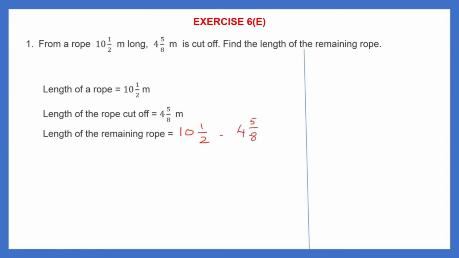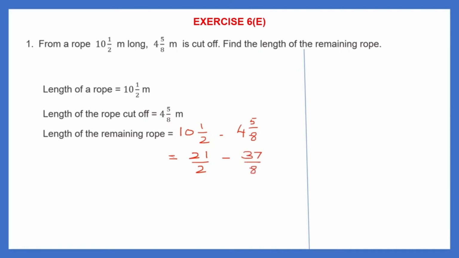All of you remember, isn't it, how to do subtraction in fractions. The first step is we convert this to a mixed number. It's already a mixed number, converted to an improper fraction. 2 tens are 20 plus 1, 21 by 2 minus 8 fours are 32 plus 5, 37 by 8.